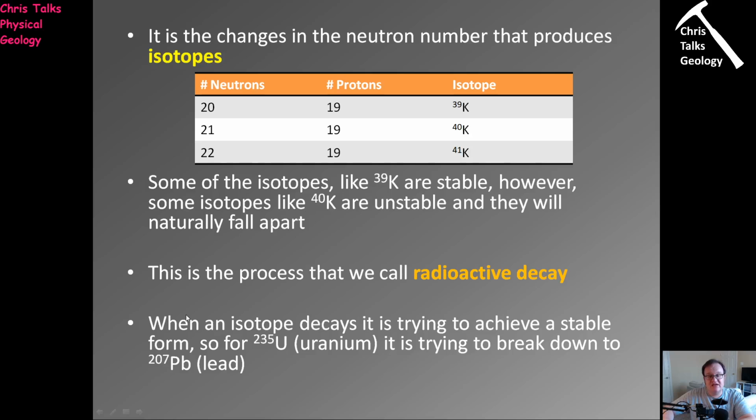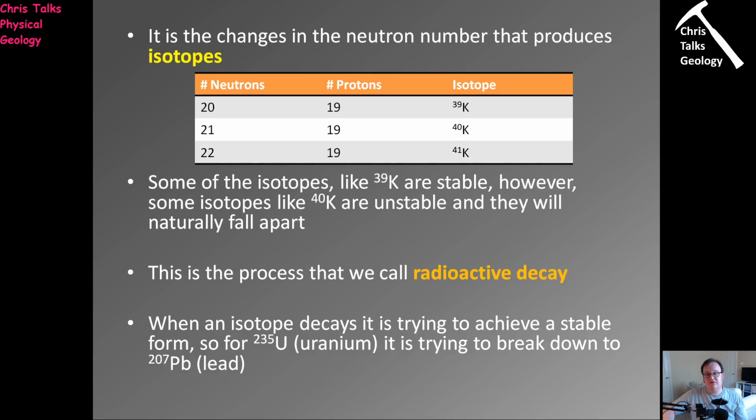Okay, so one of the classic examples of that is, of course, uranium-235. As we know, uranium is naturally very, very unstable. It will break down through radioactive decay, and it will keep breaking down until it reaches what's referred to as a stable daughter isotope.